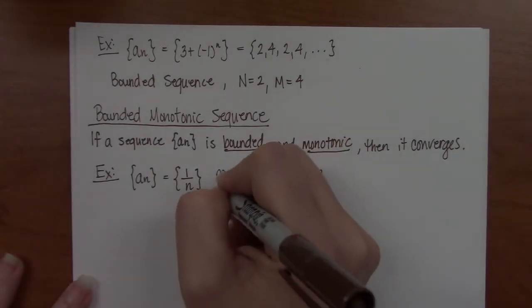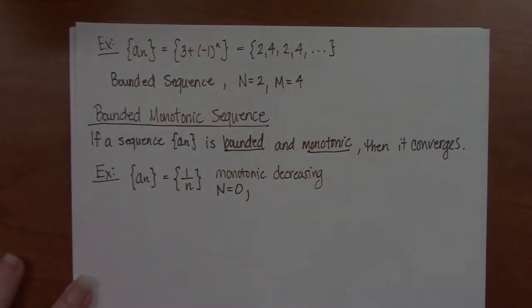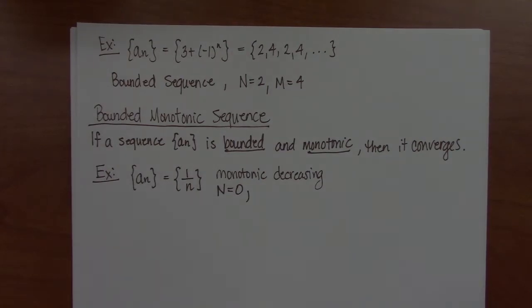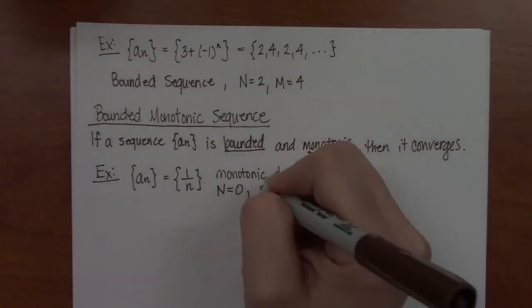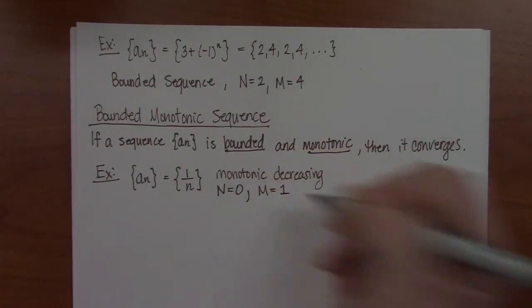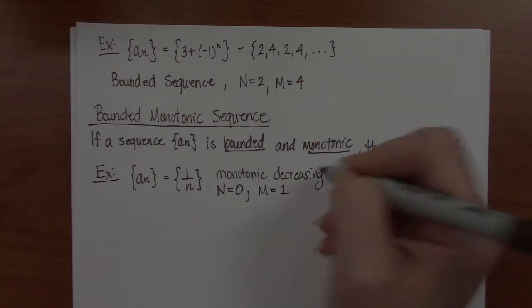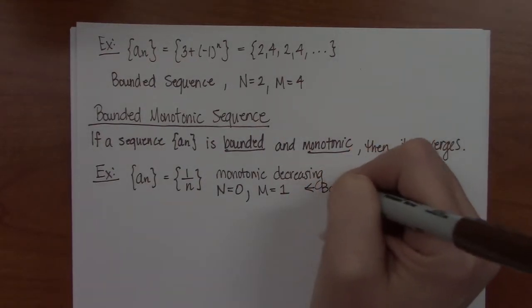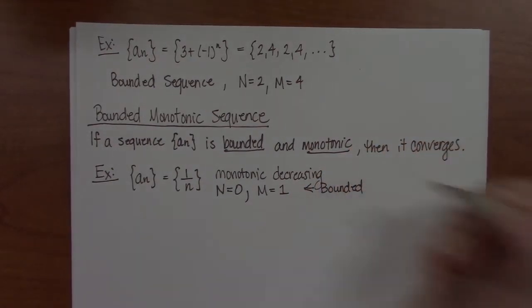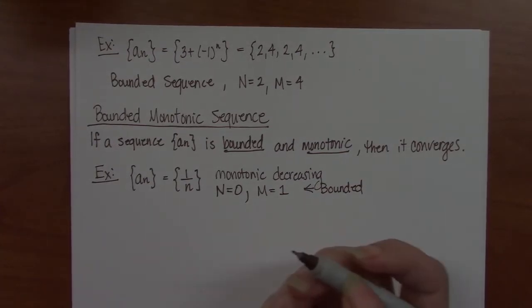So this thing is bounded below by 0. What's the biggest 1 over n can ever be? 1. So it's bounded because it has an upper and lower bound. And it's monotonic, so it converges.